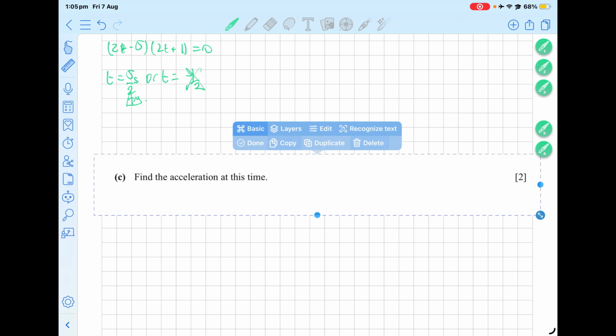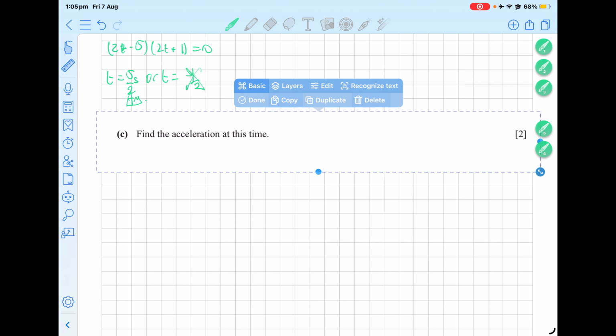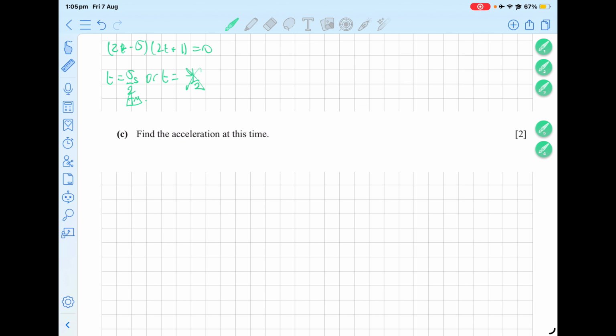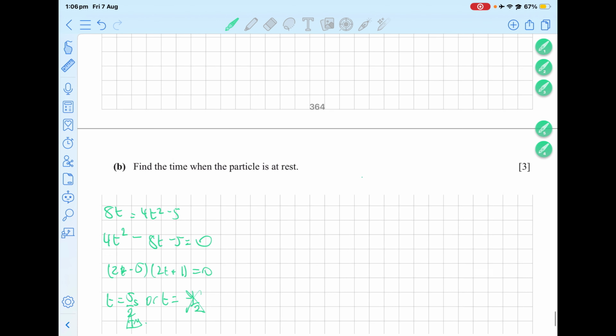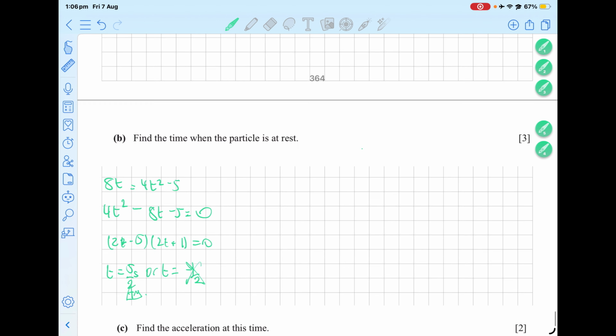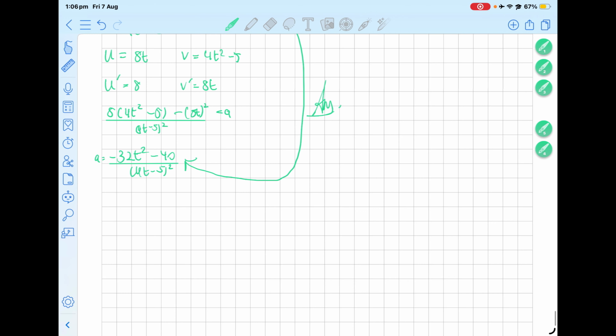Find the acceleration at this time. So how do you find the acceleration at t is equal to 5 over 2? Obviously you just put it in, right? Wrong. You have to think.